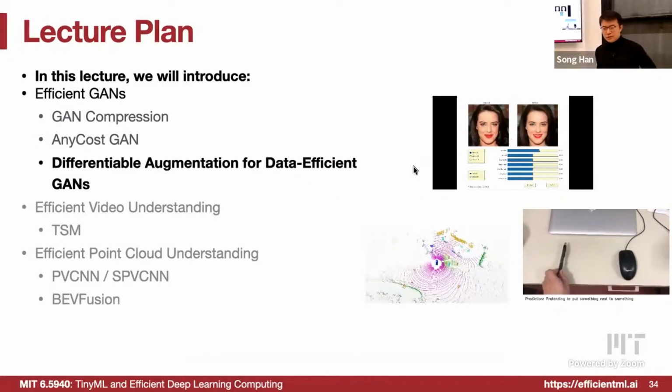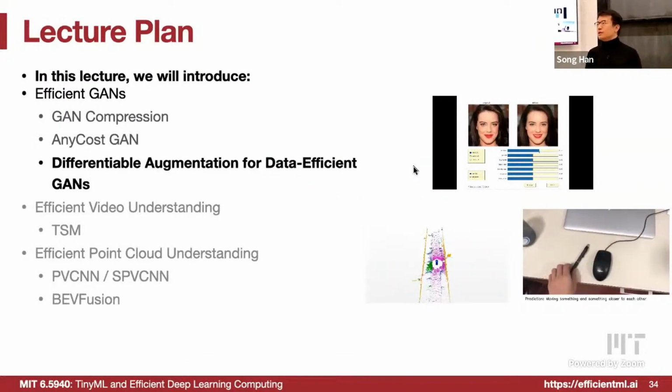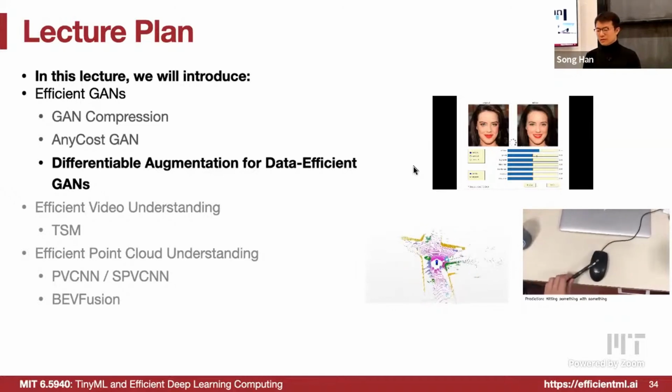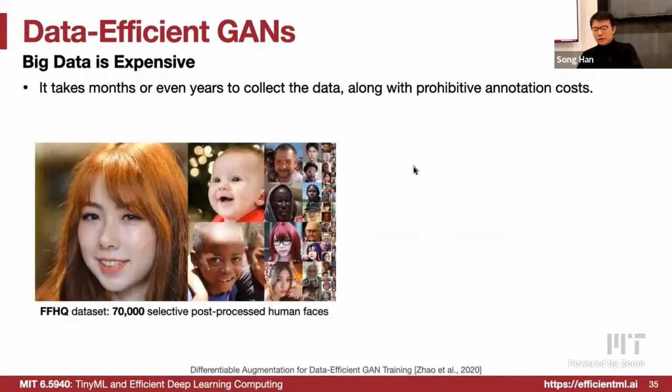All right, so let's talk about the third part. Having talked about computation efficiency, now let's talk about data efficiency. Training GANs requires a lot of data. It takes months or even years to collect a lot of data, especially labeled data. Annotation is pretty expensive too. Recently, there are some tools to automate the labeling process, but collecting the data is still pretty hard and suffers from copyright issues.